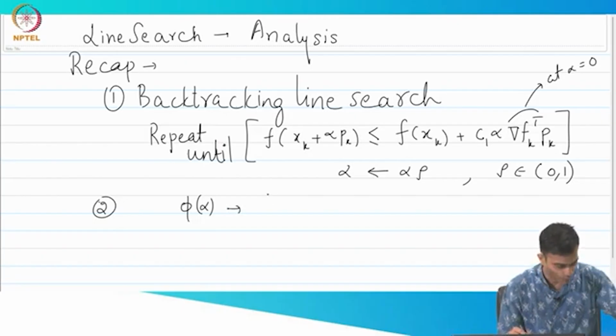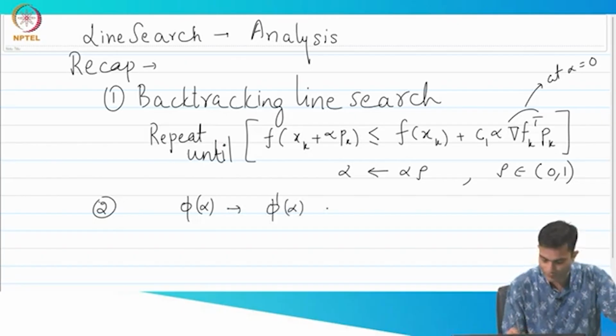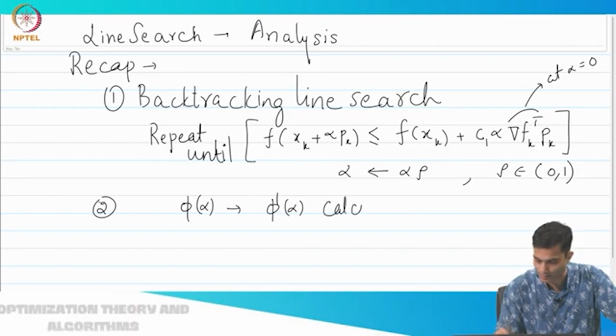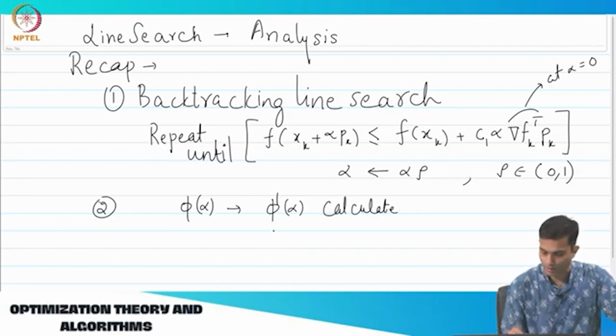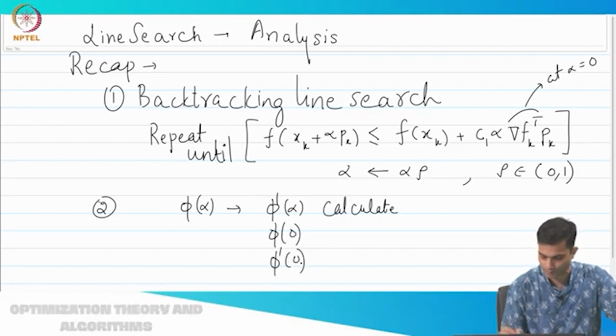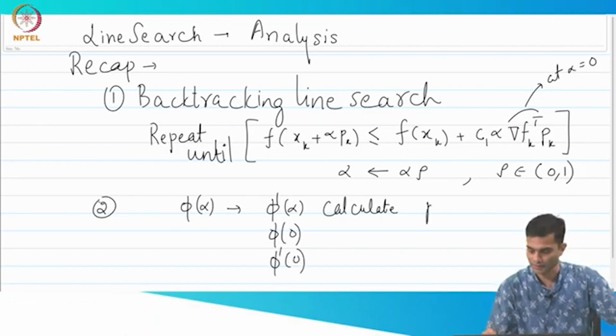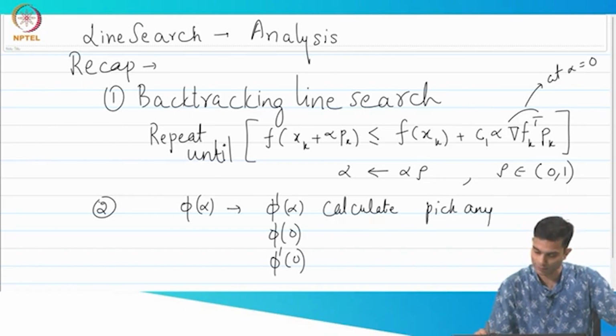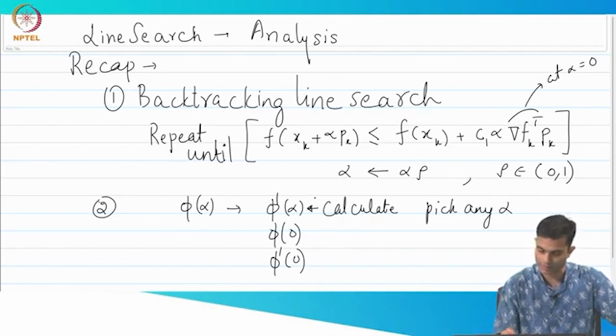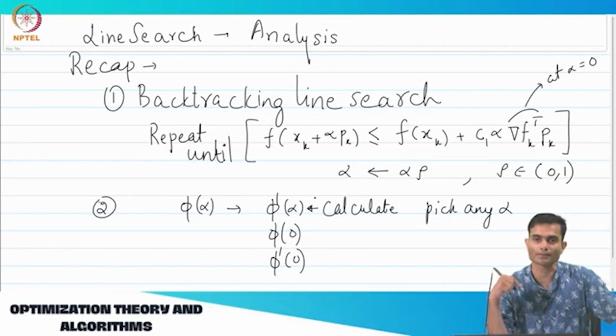Now I give you, for example, phi dash of alpha. I calculate this, and I calculate phi dash of 0. Pick any alpha and calculate this. So this gave me 3 points, 3 different values of either phi or phi dash.